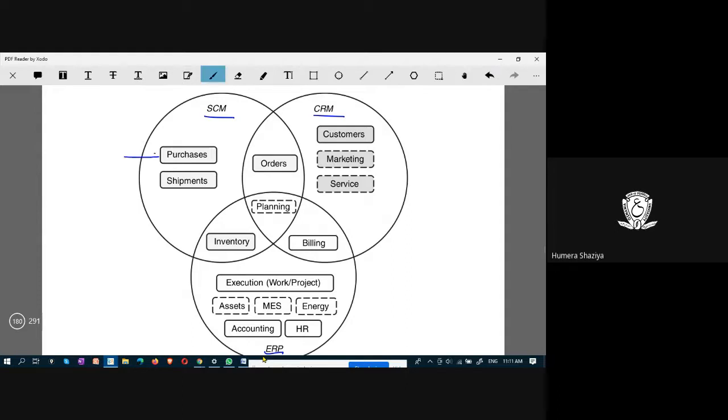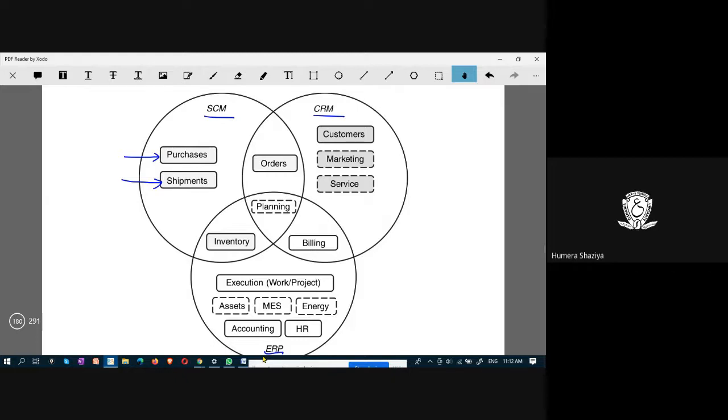A manufacturing industry has to purchase a product from the supplier in order to create something else out of it. Purchase is an essential component of any enterprise. Then shipment, here you need to consider there are several cases.